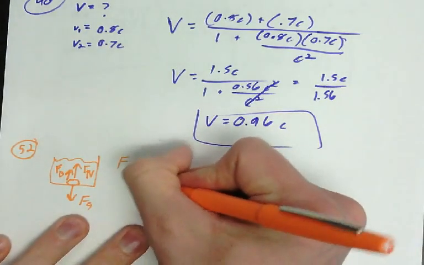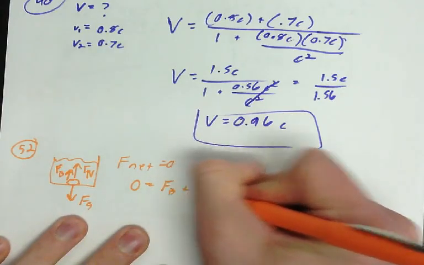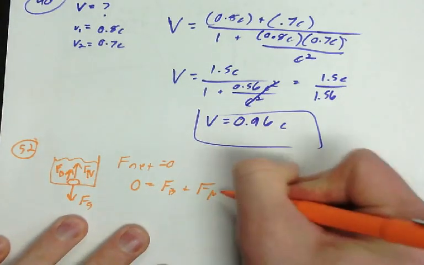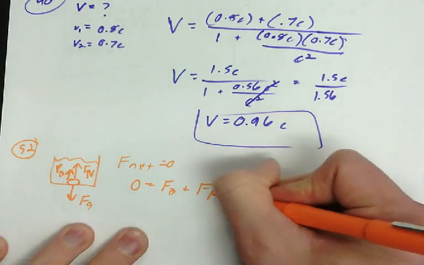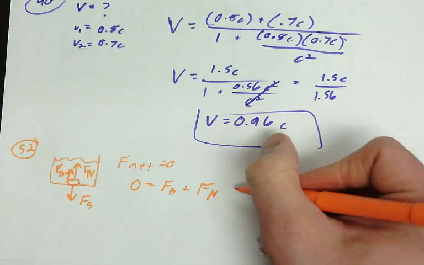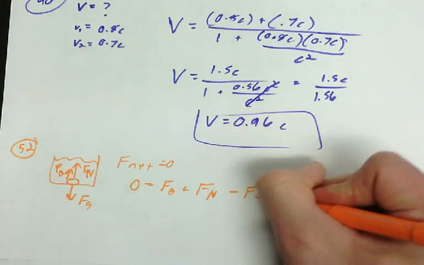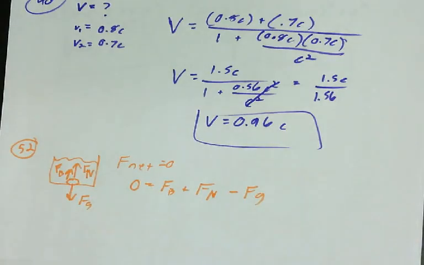So 0 equals buoyant force plus normal force minus the force of gravity, because gravity is in the opposite direction. All right, I can't really go much from there. I just wanted to set it up for starters.